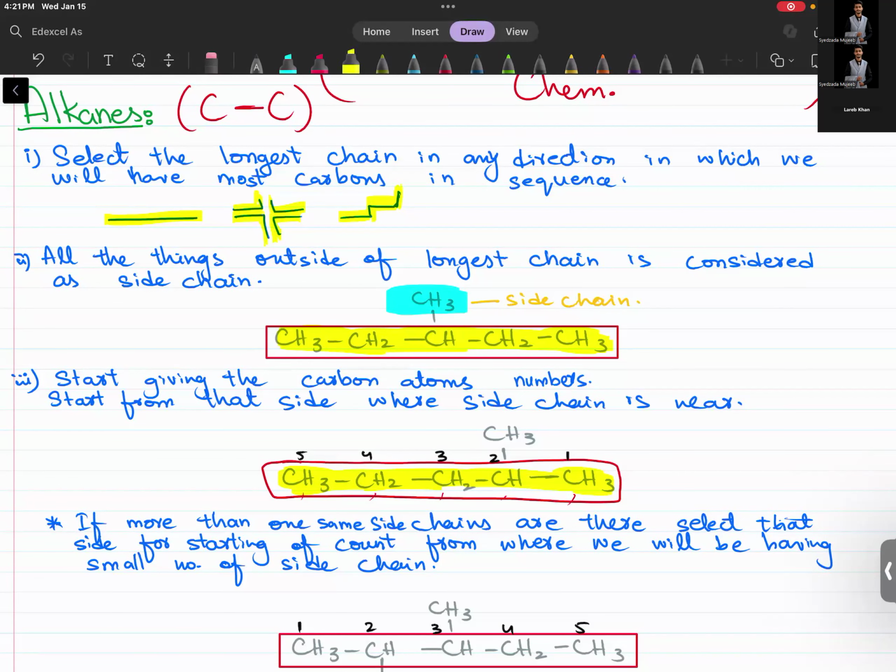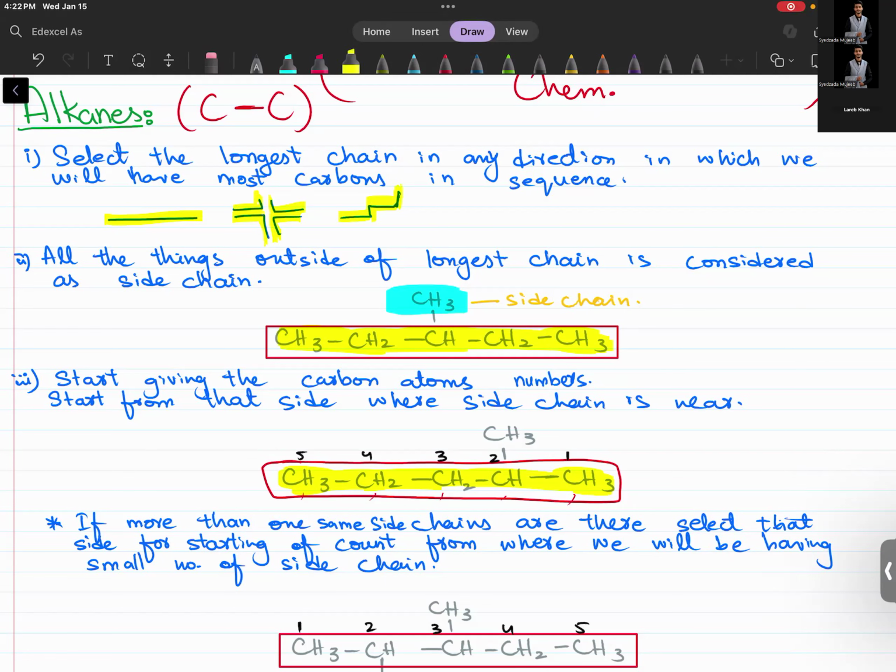Now we will have some cases in this third point. Let's see what cases we have here.